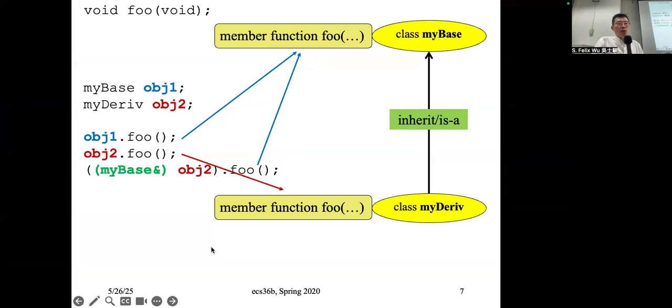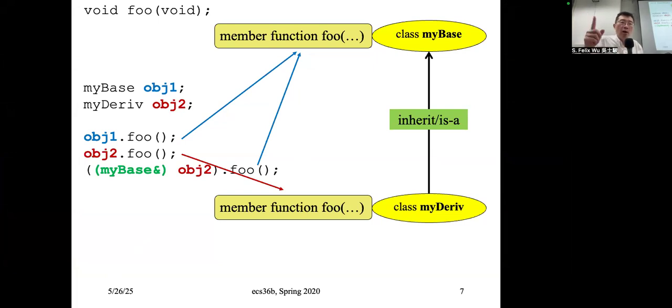Okay, so this is the regular member function. Remember I have a single inheritance, my base and my derive. Which function to call depends on how you cast it. For example, object 2: if I cast it as my base, then object 2 will be treated as my base instead of my derive.